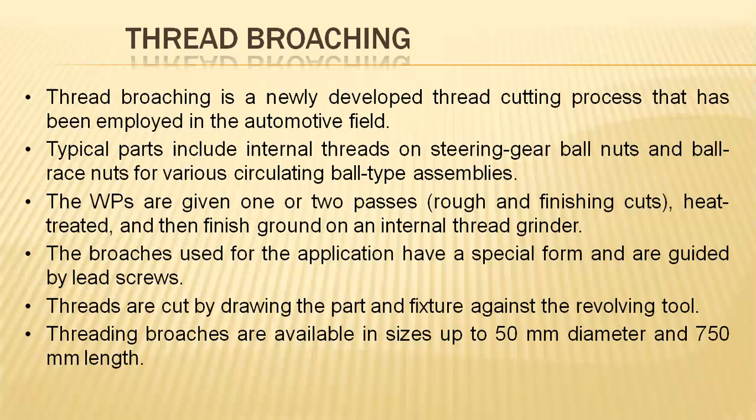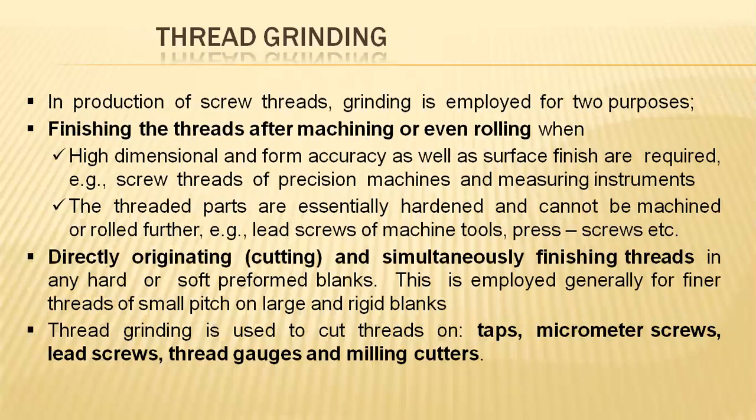At a maximum range, these are available in sizes of 50 mm in diameter and 750 mm in length. It is capable of machining materials of 50 mm diameter and 750 mm length in the case of this numerical control milling machinery. Particularly, you can say this broaching characteristics.